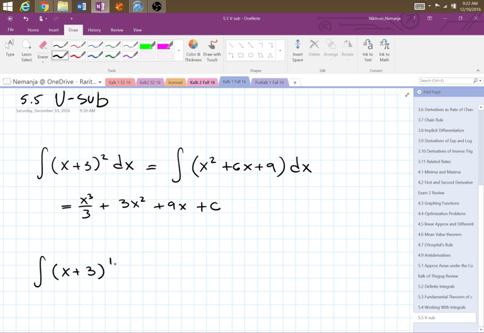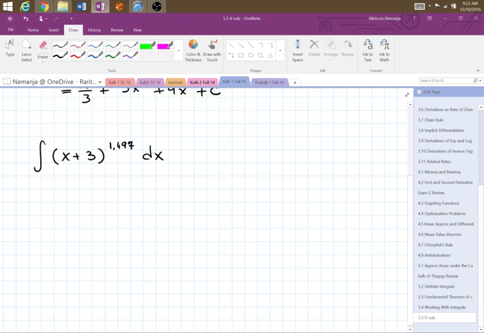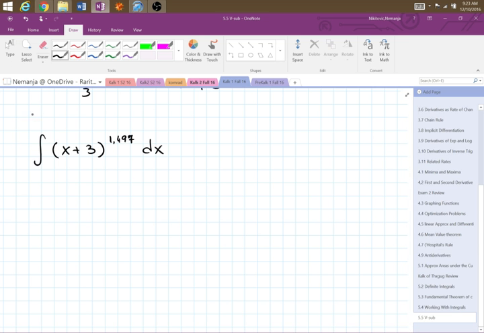For instance, (x plus 3) to the 1497, dx. It's just fine. The little issue with this is foiling at that point, which would take a little bit longer than before. Much longer. Okay, fine. So what do I do?